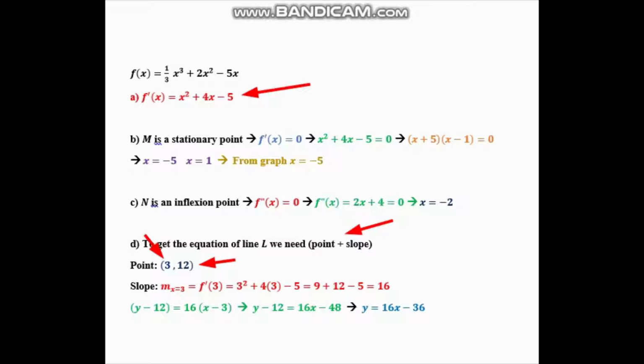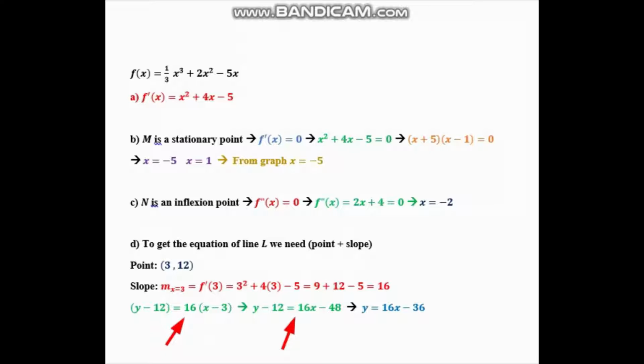So I shall just plug 3 into this equation right there instead of x, and I've done just that, and I found the slope to be 16. Having the point and a slope, I can easily use the point-slope formula to get the equation of the line, but I have to do some further simplification.